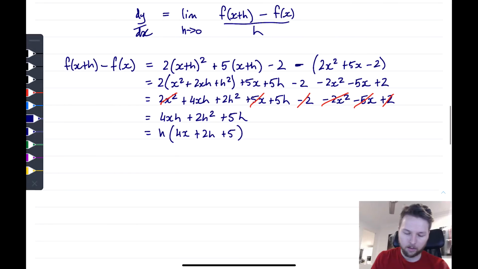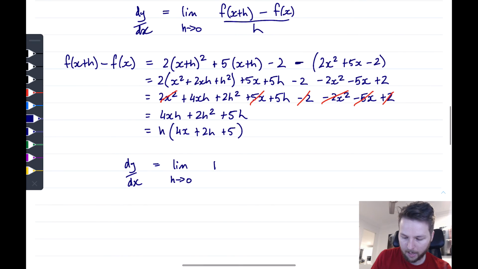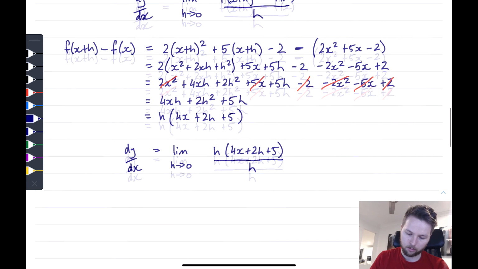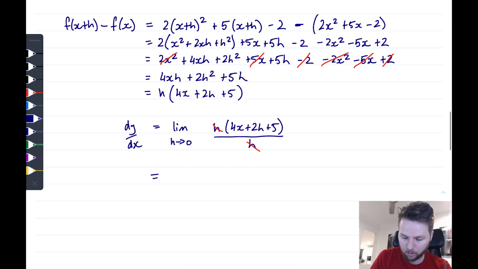Okay, now let's go back to our derivative. dy/dx equals the limit when h approaches 0 of our numerator, h times (4x plus 2h plus 5), divided by h. Okay, and we can now divide the top and bottom of this fraction by h. They will cancel out. And then we can write that equals the limit when h approaches 0 of 4x plus 2h plus 5.